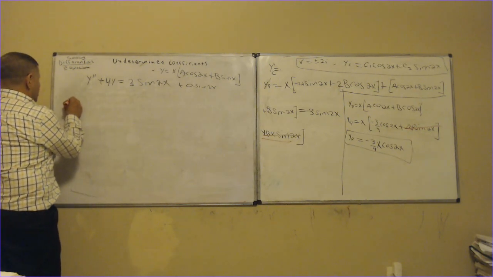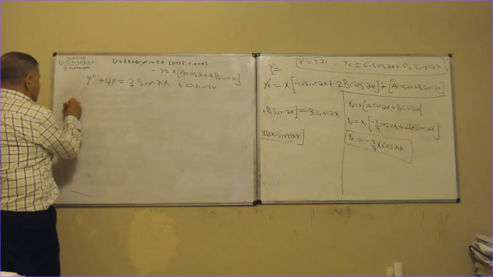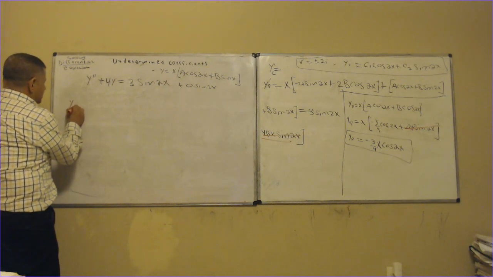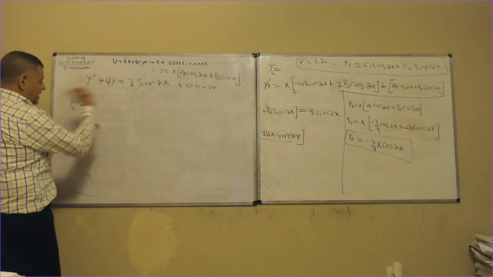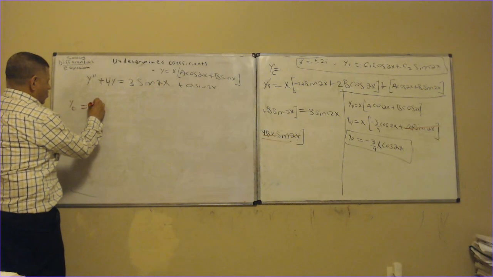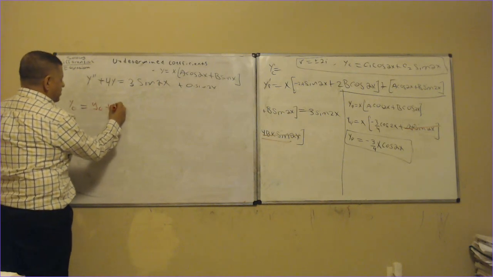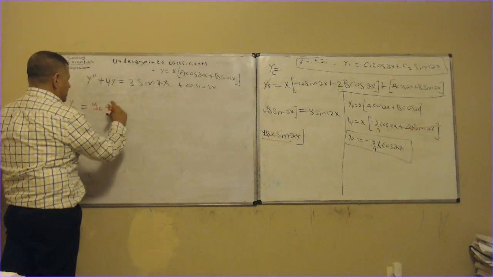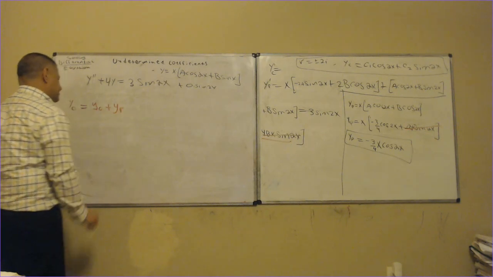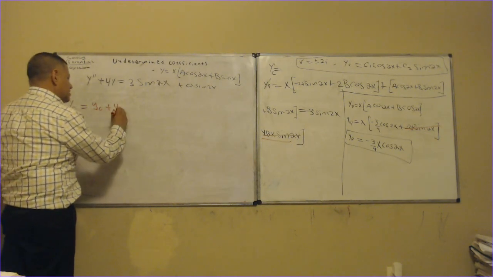So we say that y sub g is equal to y sub c plus y sub p.